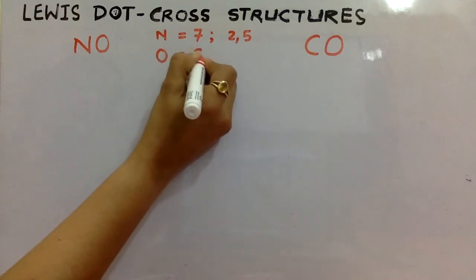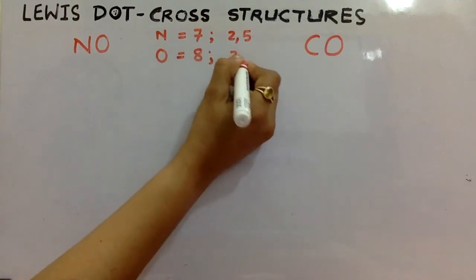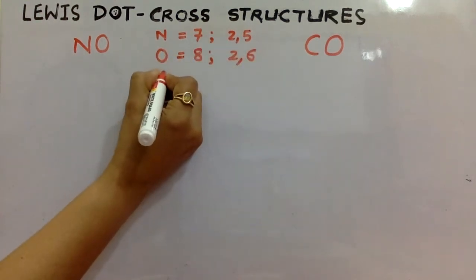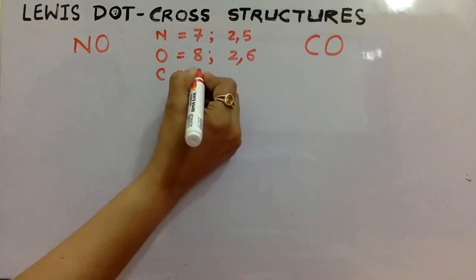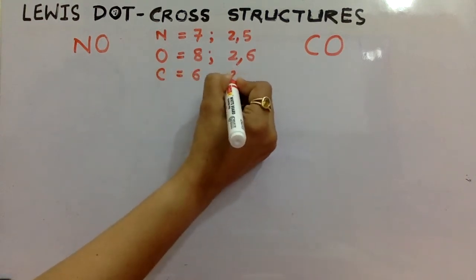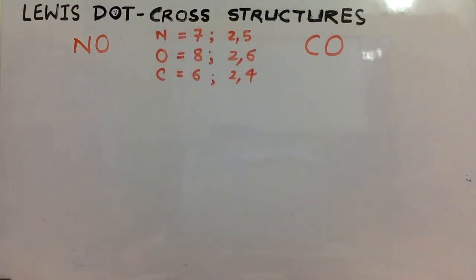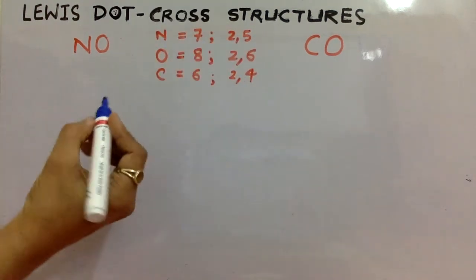Oxygen 8, that is 2,6. And we need carbon, atomic number 6, so 2,4. Let us make the structure.